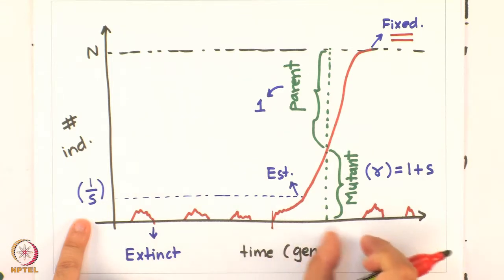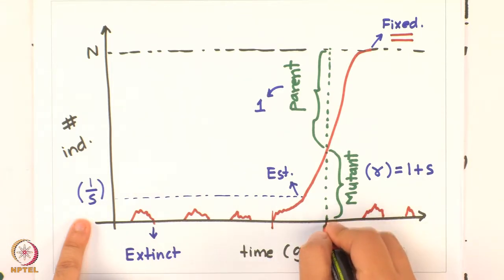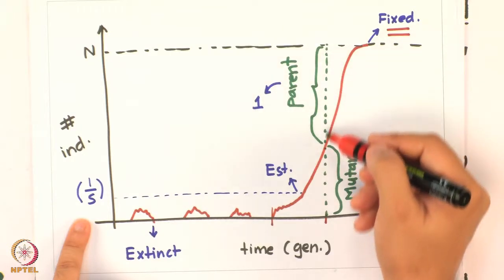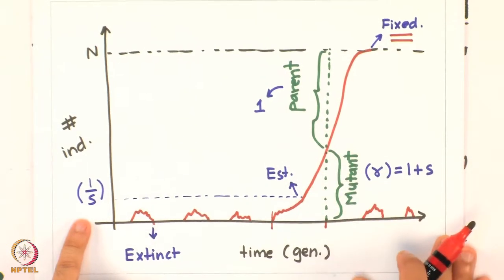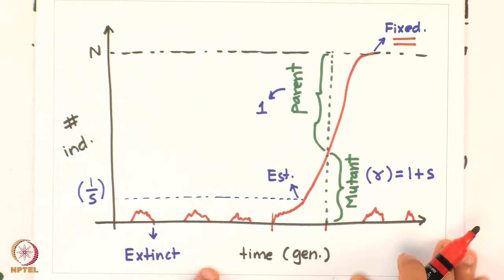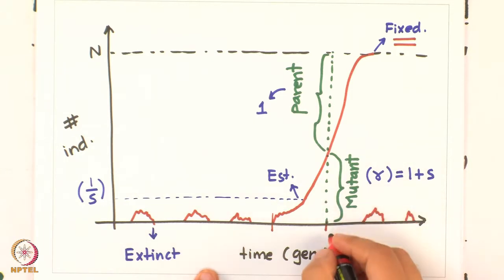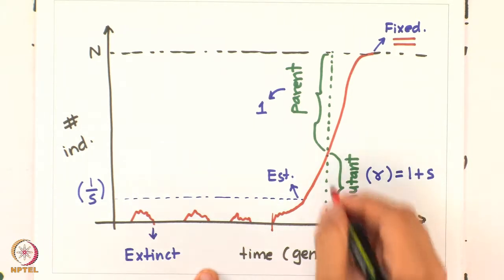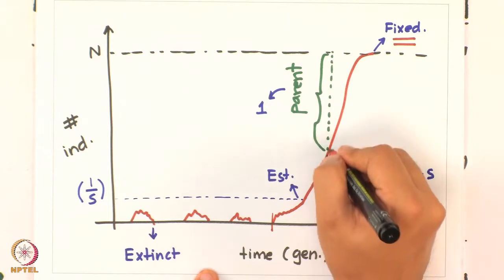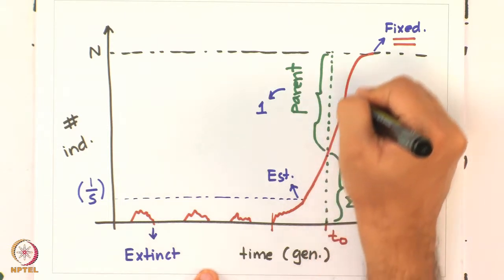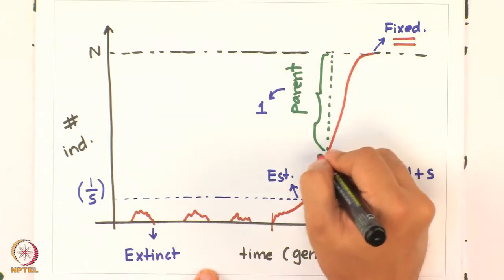At any particular time during the process, if I draw a vertical line here, that gives me the composition of the population at that time. At this time t naught, the line intersects the curve associated with the mutant population at this point.